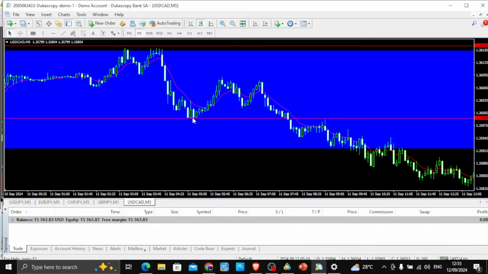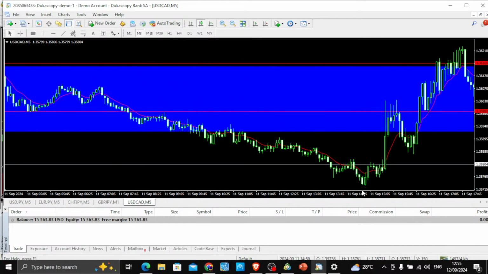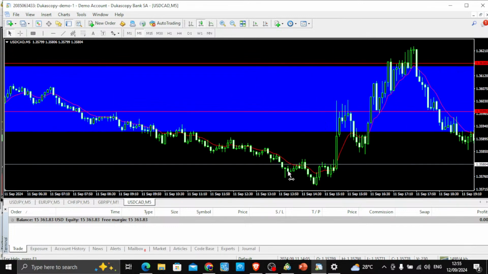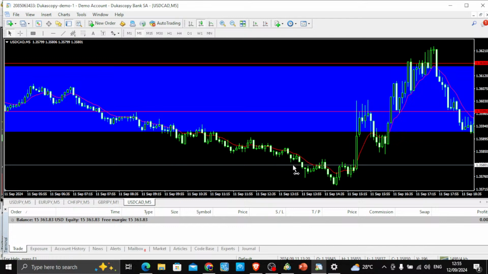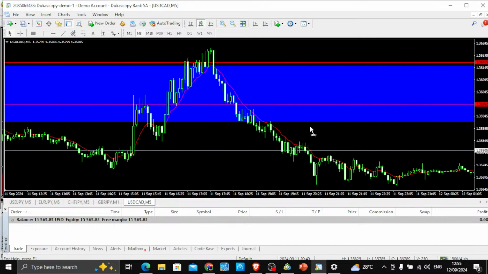It broke the previous lower low, and it moved down to this place. Then it tried to move up again, and that rejection here started coming down.